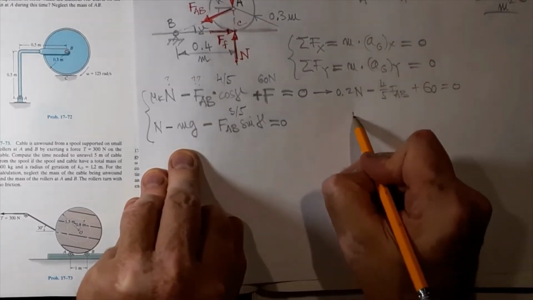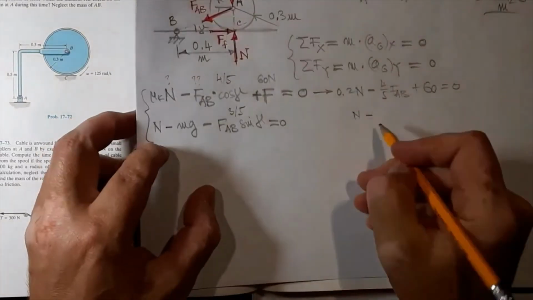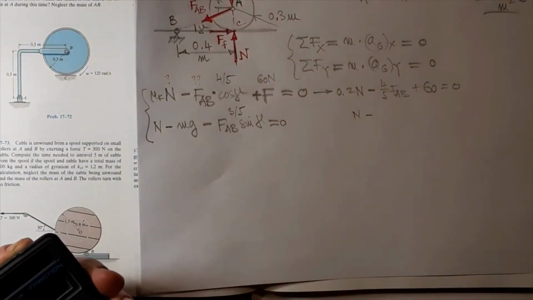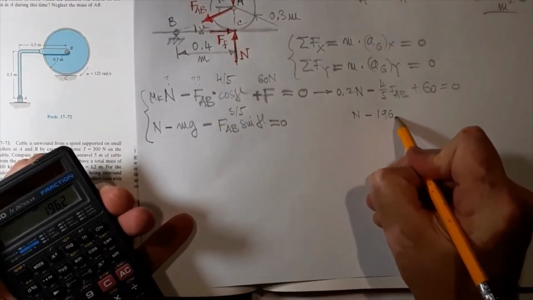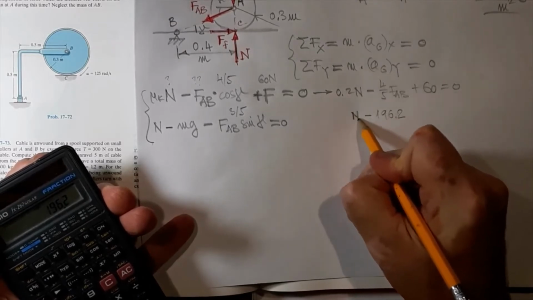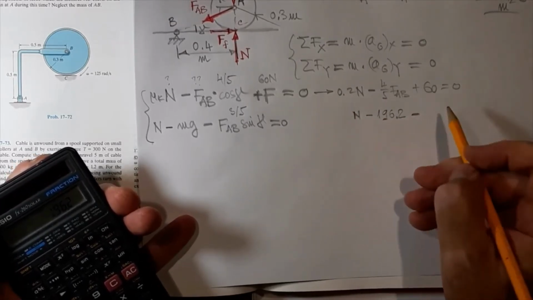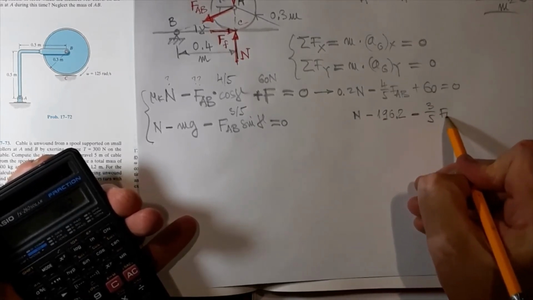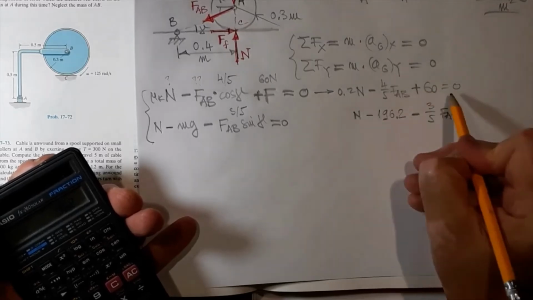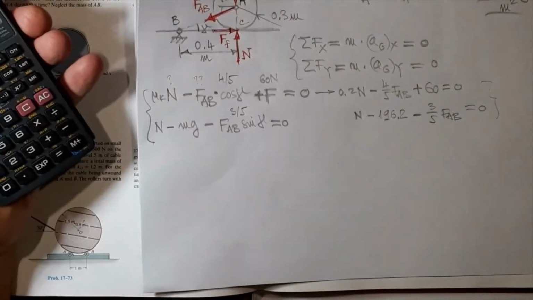And then below I have N minus mg, mass is 20 kilograms, 20 times 9.81, which is 196.2 newtons. And then I have 3 over 5 FAB equals 0. Two linear equations, two unknowns.